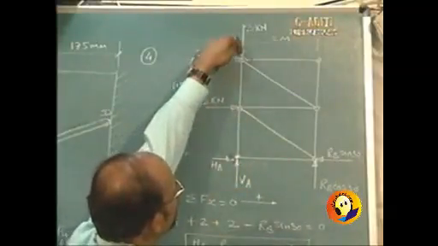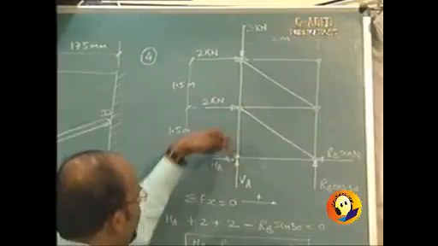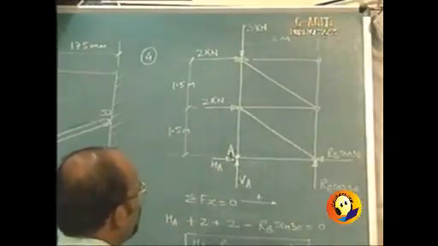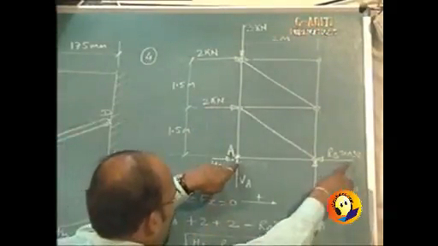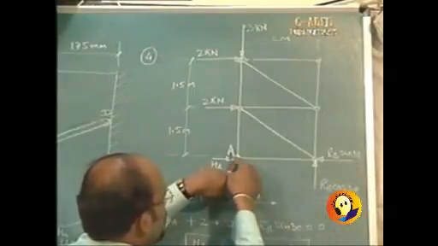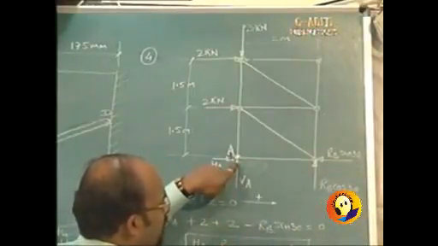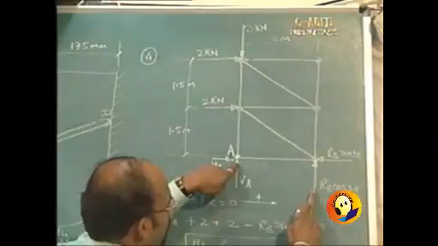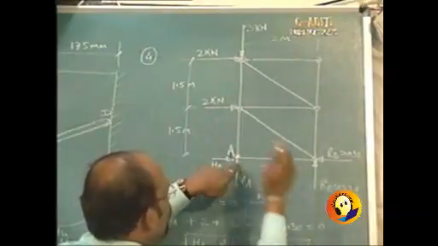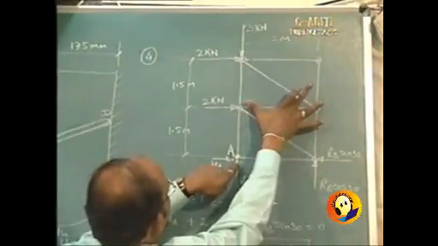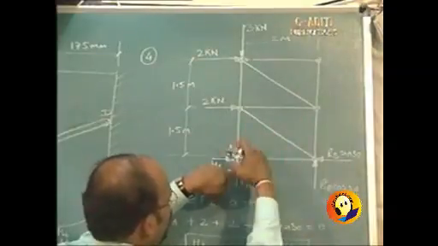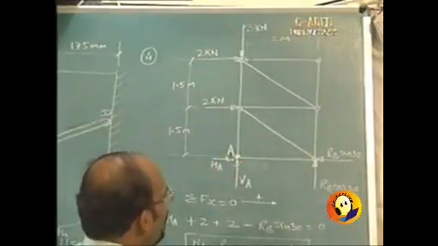This 3 kilonewton force passes through point A, and that's why its moment will be 0. And RB sin 30 also is passing through point A, its moment will be 0. There will be moment of RB cos 30 which is anti-clockwise, it is RB cos 30 into perpendicular distance, that is 2, anti-clockwise negative, and equate it to 0.